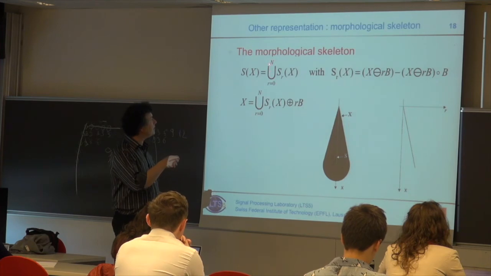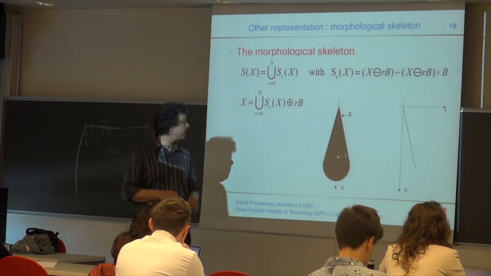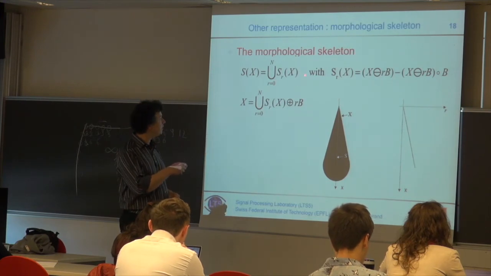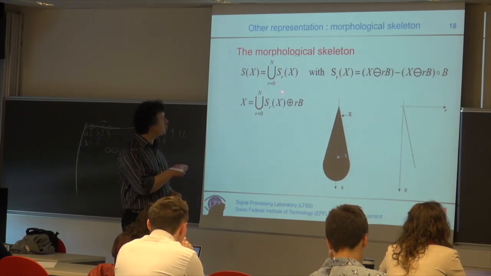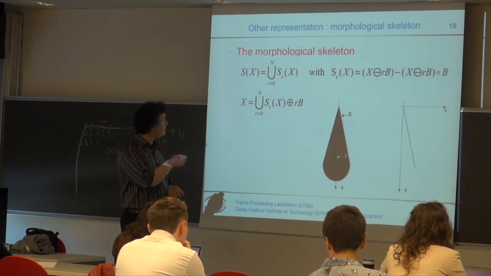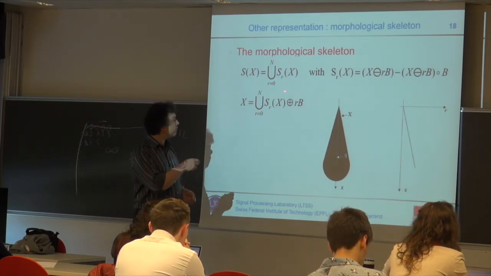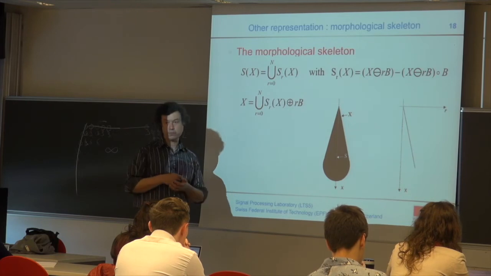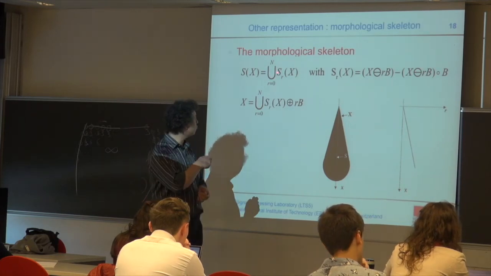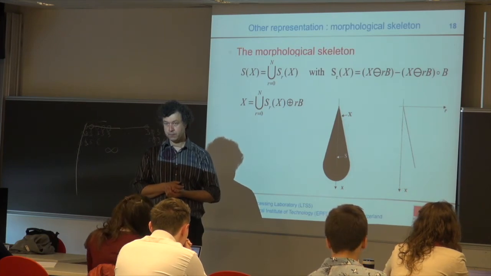There will be a series of small contributions to the skeleton that I will calculate one after the other. Each contribution is calculated by this expression. And I will read it with you. So the skeleton at the end will be the union of those small contributions. And we will start from contribution number 0. And then we'll have contribution number 1, number 2, number 3, and so on.